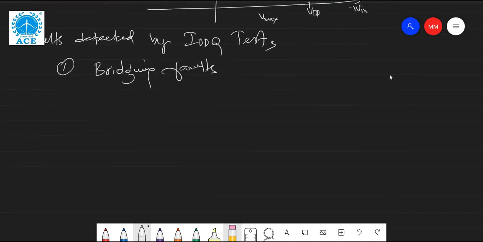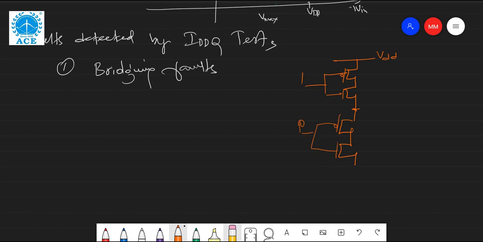For example, if I have a circuit between VDD and ground, and another circuit, sometimes the two get shorted.